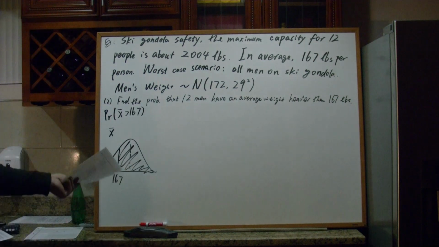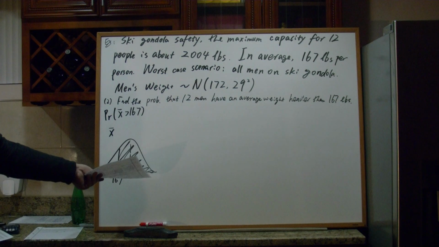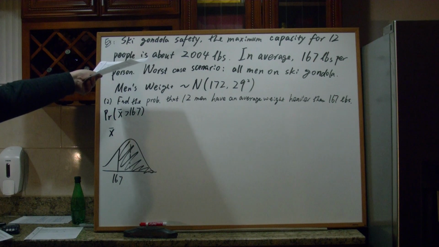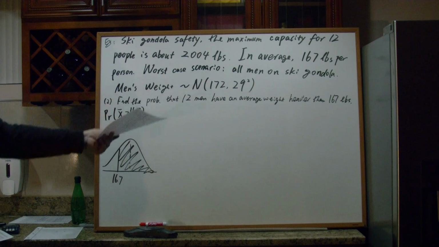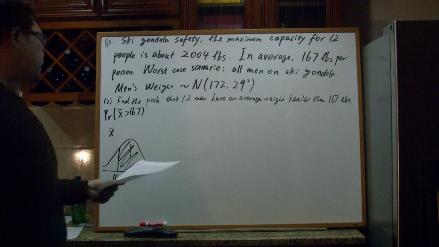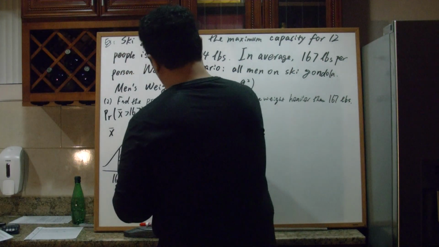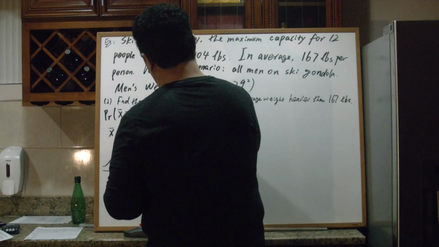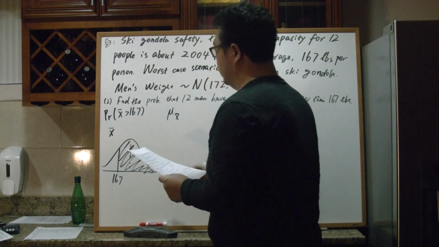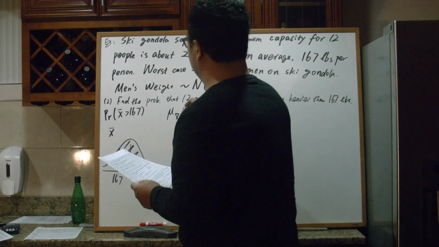The sample mean is normally distributed because the original men's weight is normally distributed. Therefore, the sample mean follows a normal distribution.